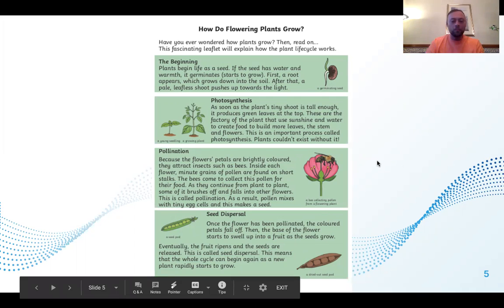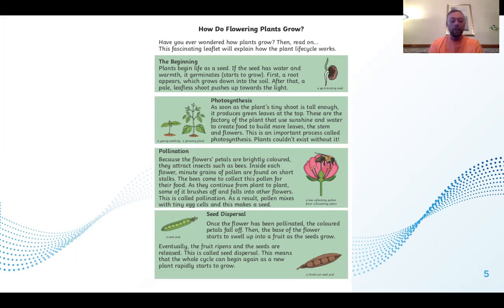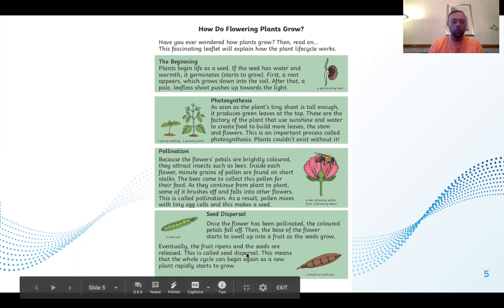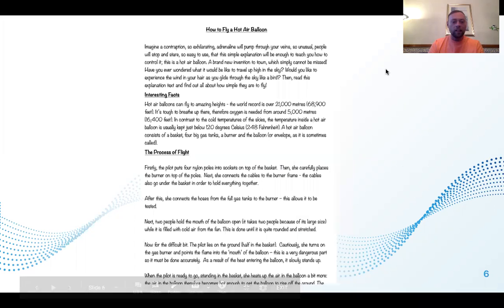So this one is about how plants grow. So it's going to explain to me how a plant grows. The next one is how to fly a hot air balloon. What do you notice about the way that it lays out? What's different from the other styles of writing that we've already looked at?